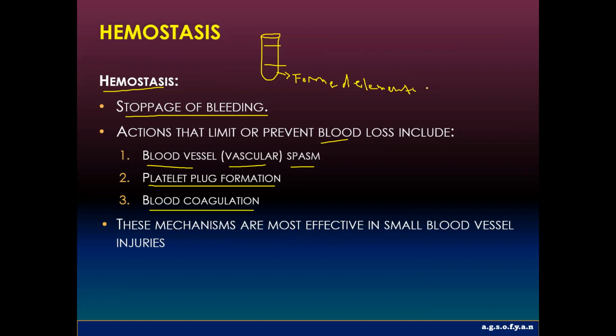Okay, there are 3 main types of formed elements. The most abundant one is red blood cell. The second one is called the platelets. And the last one is the white blood cell.